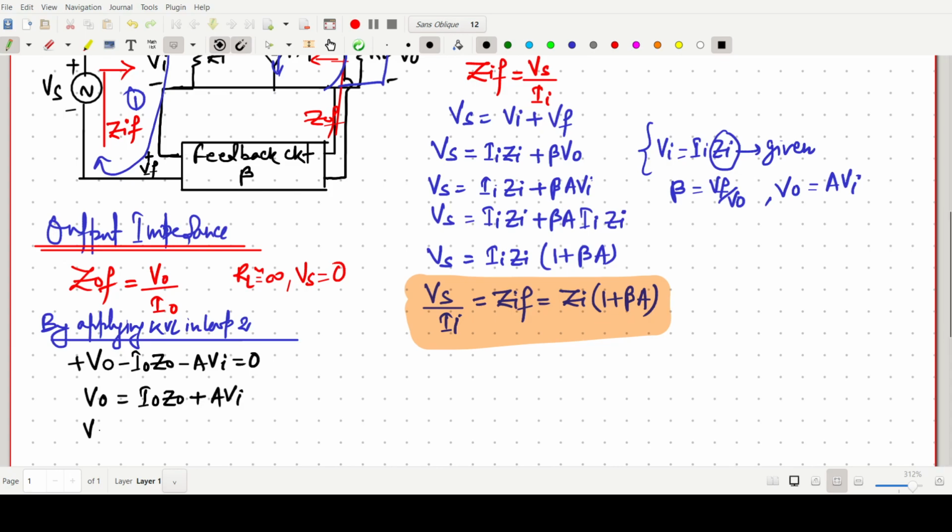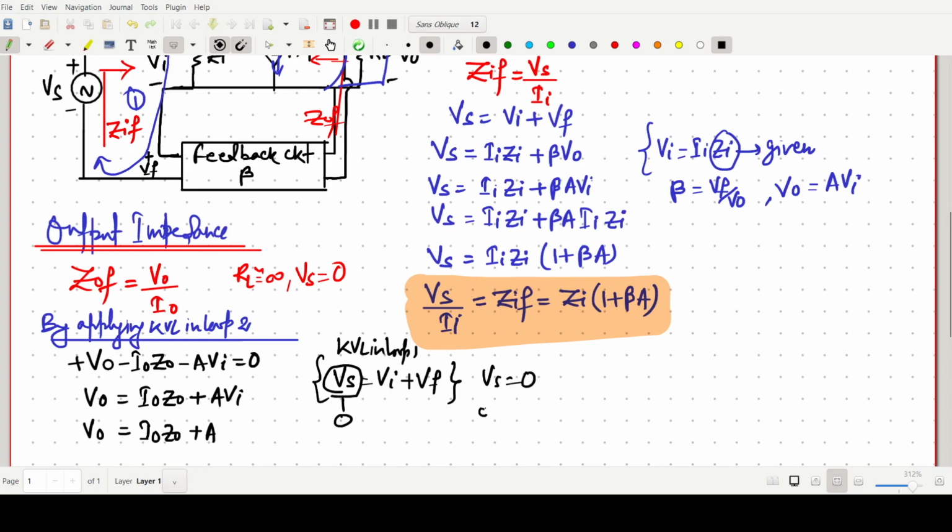Now one can also write this V naught equals I naught Z naught plus A Vi. Now instead of Vi we have an equation Vs equals Vi plus Vf. If we apply KVL in loop 1, but for the output impedance calculation we have to take this Vs to 0.